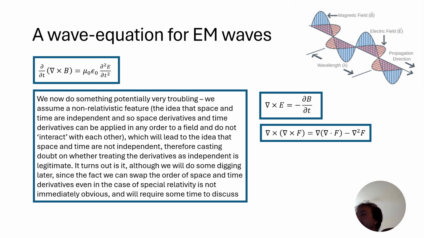So what this rule, or I should say identity, because it holds for all f, really says is that the curl of the curl of f is equal to the gradient, in other words the steepness, of the divergence of f, minus something that is essentially the generalization of a second order derivative in space, but to 3 dimensions. And this generalization is called the Laplacian operator. So we have minus the Laplacian operator times f.